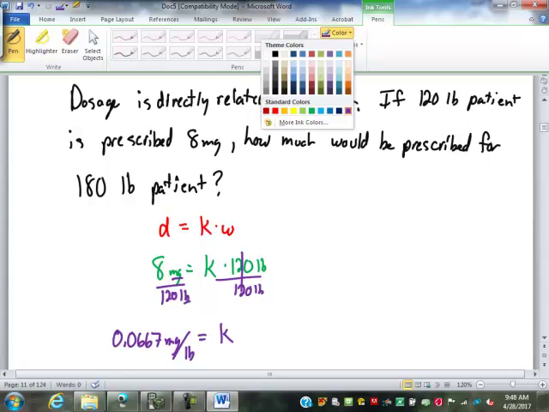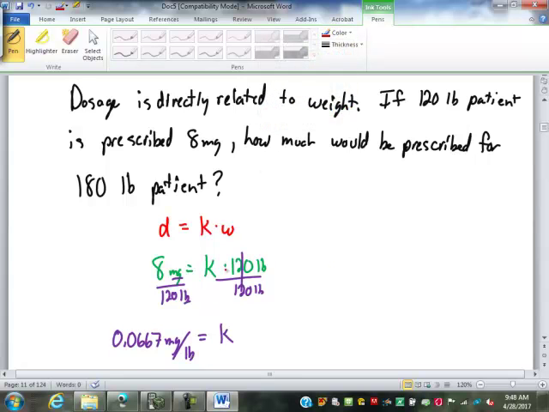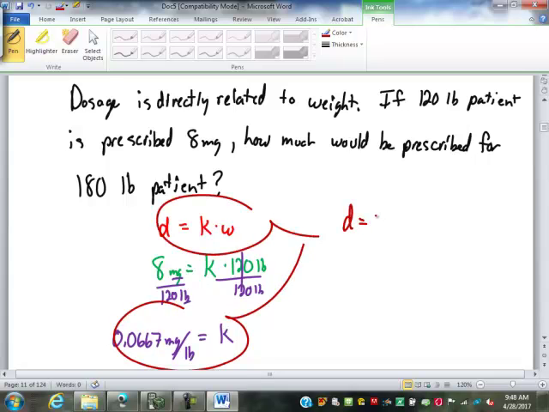So what that's telling us is that this relationship, the dosage is equal to 0.0667 milligrams per pound times the weight, times the number of pounds. So now how much would we give for a patient who weighs 180 pounds?